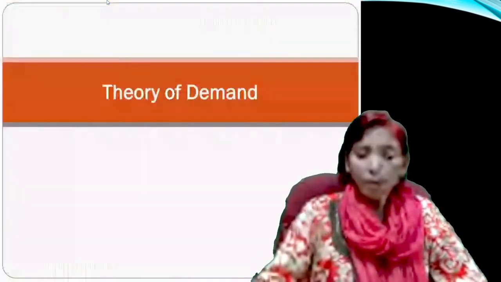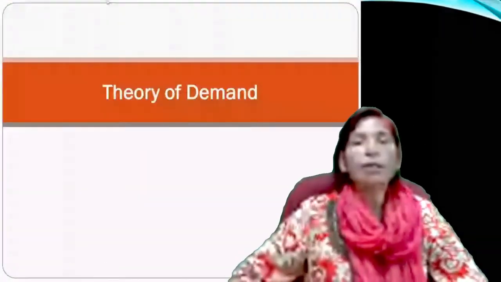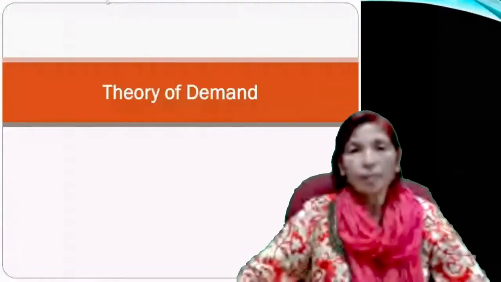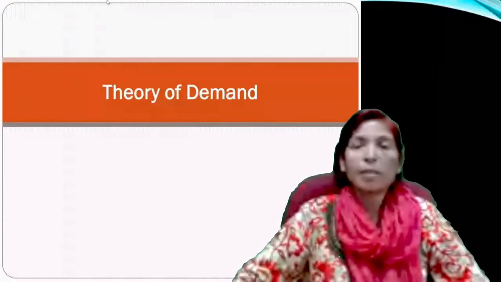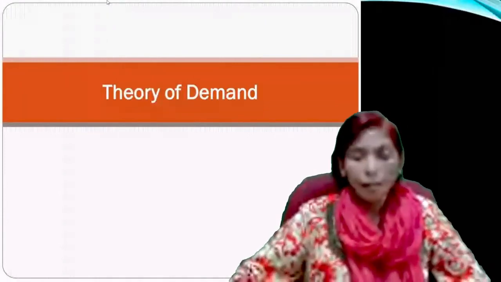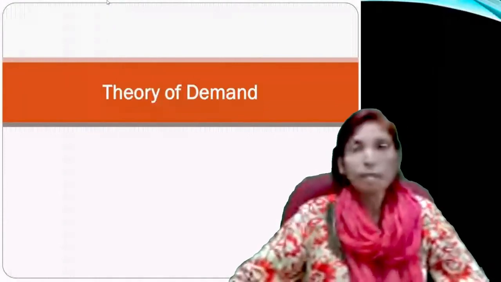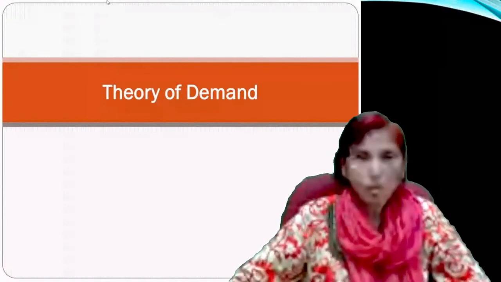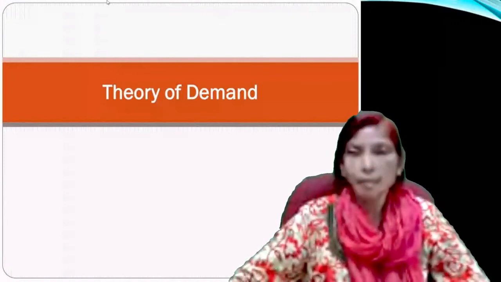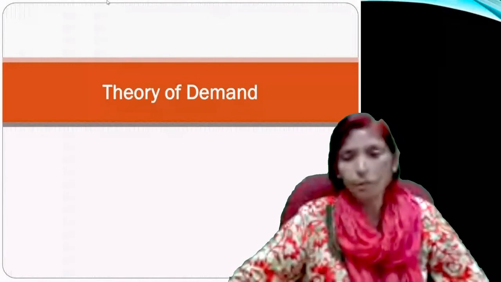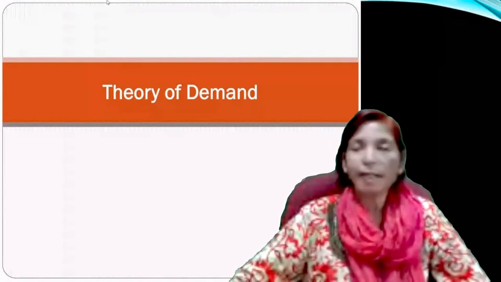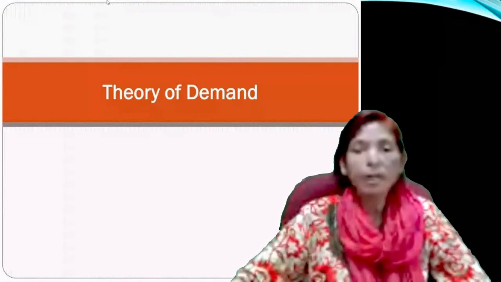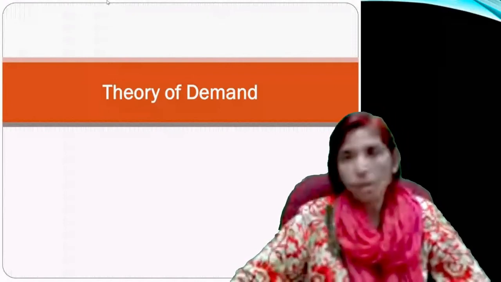Theory of demand plays a very important role because demand is the main thing on which business entrepreneurs and business activities are based. Business entrepreneurs' main aim is to earn maximum profit at minimum cost.